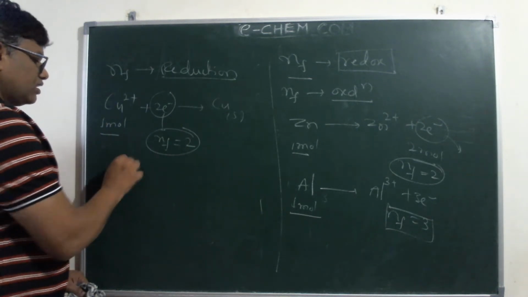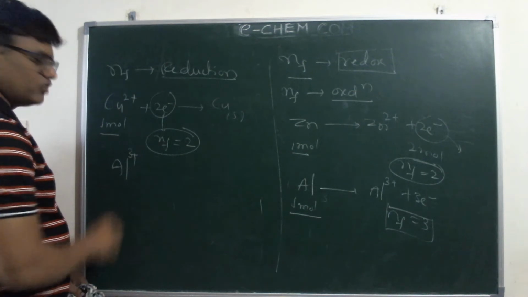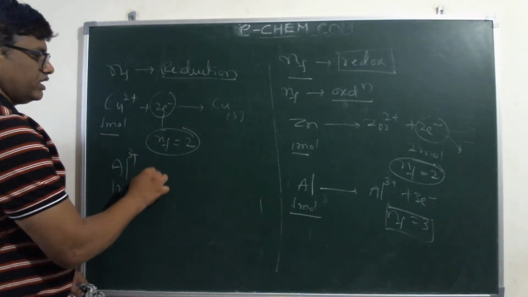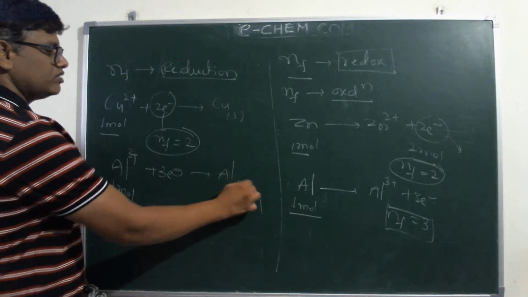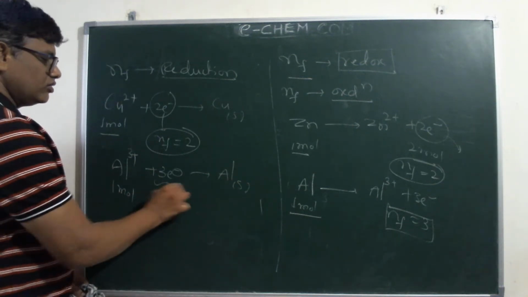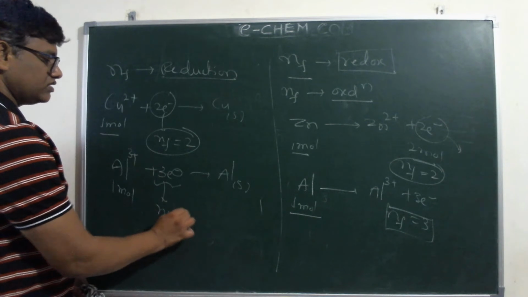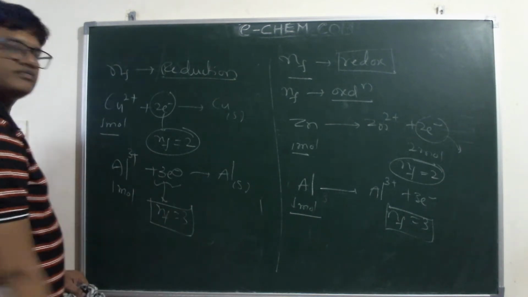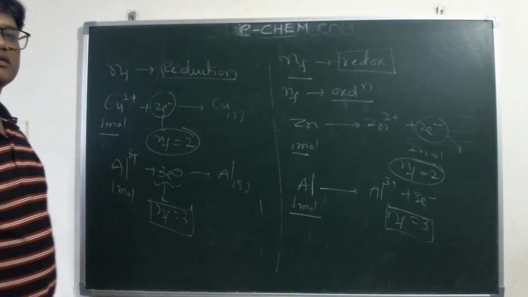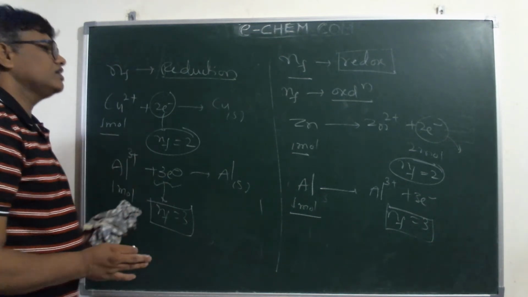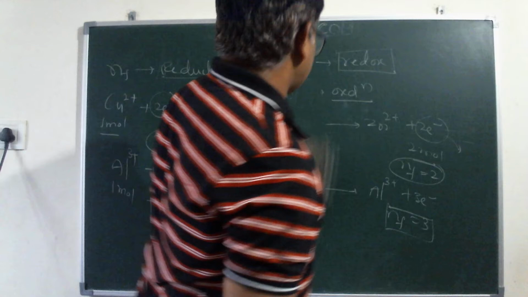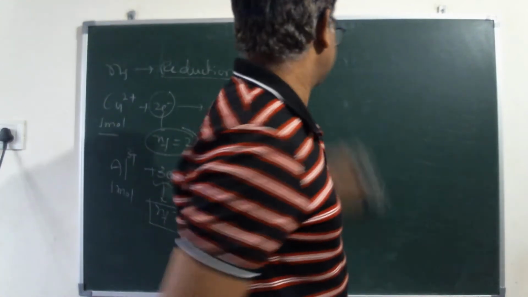One more reaction: aluminium 3+ ion, 1 mole of compound, taking 3 moles of electrons, gets converted into aluminium solid. So 3 moles of electrons is to be considered, and the n factor for this is 3. Likewise, we can calculate the n factors for reduction reactions.